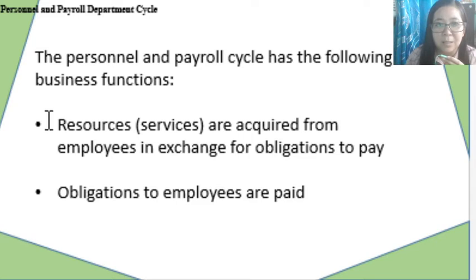First are the resources or the services. These are acquired from the employees in exchange for obligations to pay. Since we are talking about the personnel department, this is focused on the employees.